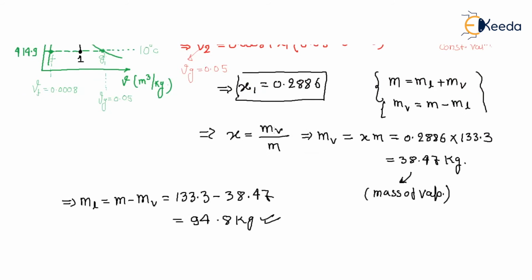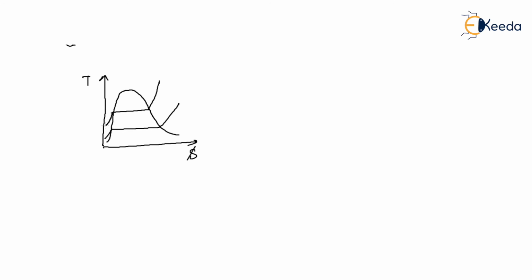Now, if you draw a TS diagram, a T and S diagram, so this is your TS diagram. This is your initial pressure, this is your final pressure, and this is your initial point where the saturated liquid and saturated vapor are present.